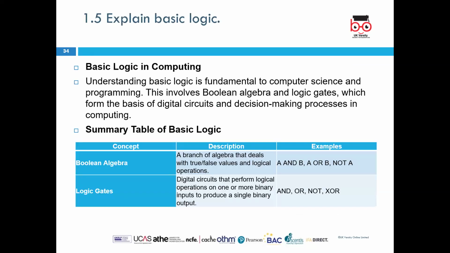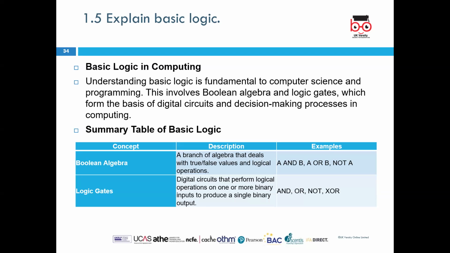Now we're going to look into our logical operators, which we spoke about earlier. With basic logic in computing, we're going to understand the basic logic that is fundamental for computer science and programming. Here we have a table which summarizes our basic logic.